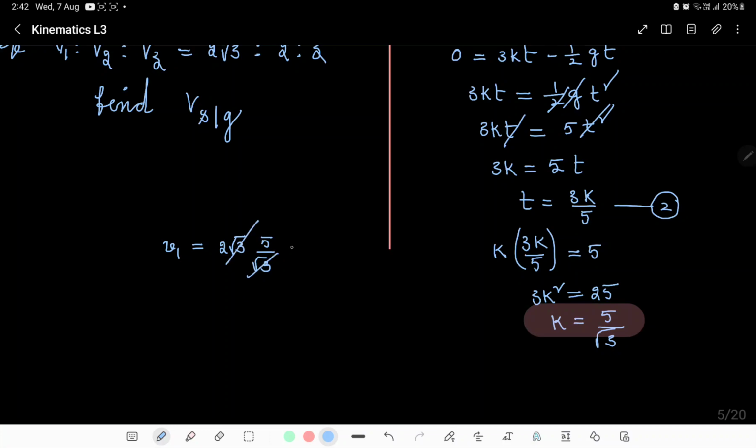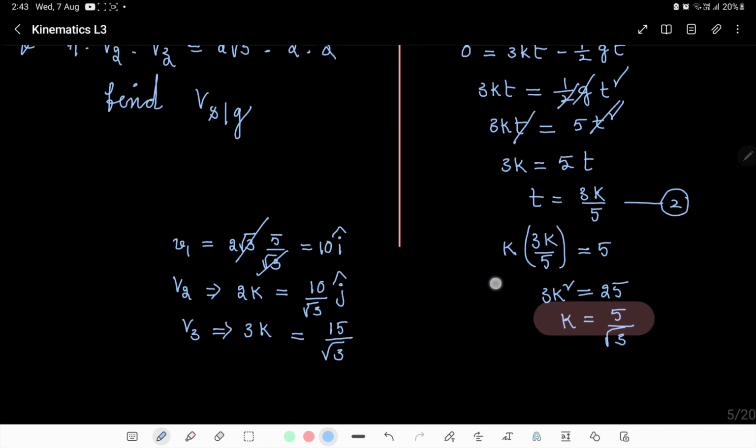This root 3 cancels, so v1 is 10 i cap. Then v2 is 2k, that is 2 into 5 by root 3, which is 10 by root 3 j cap, and v3 is 3k, which is 15 by root 3.